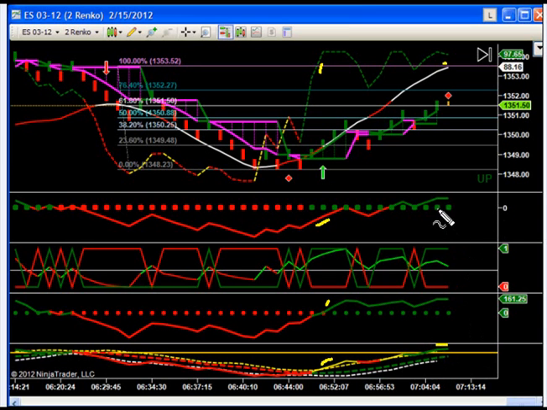So I thought this was a good point to just arbitrarily get out of the trade. I didn't expect on this particular move anything much above this ambush zone right here at 61.8. So this was a 2-point trade in here.